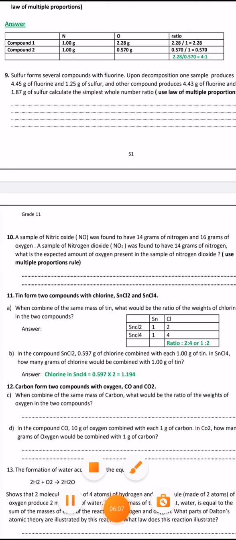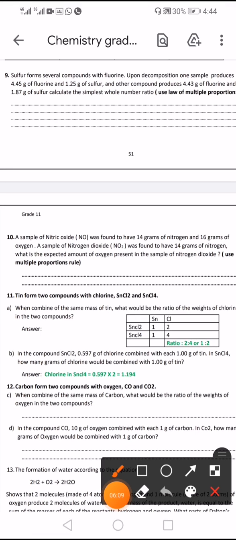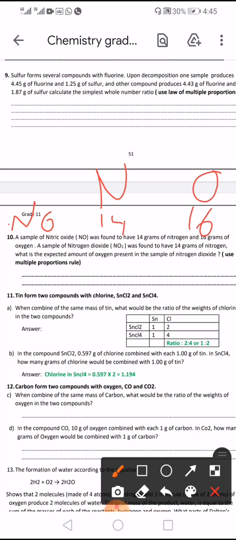Number 10. A sample of nitric oxide was found to have 14 grams of nitrogen and 16 grams of oxygen. So here we have a compound called nitrogen oxide. Nitrogen oxide contains nitrogen and oxygen. Nitrogen in nitric oxide is 14 grams, while oxygen is 16 grams.